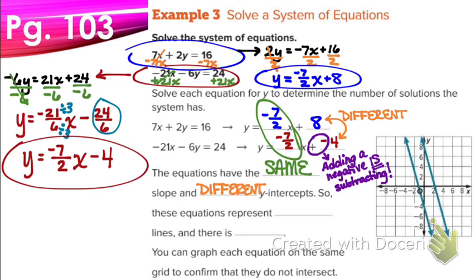When they have the same slope and different y-intercepts, what does it look like when we graph it? They have it here for us. Parallel lines, yes. We get parallel lines. So talk to me about solutions then.